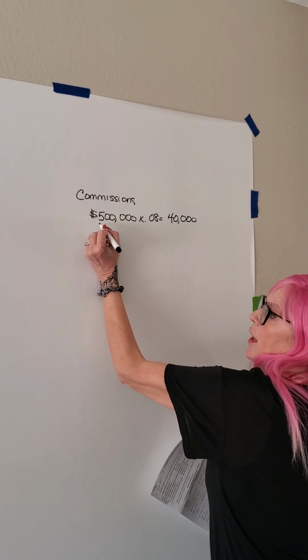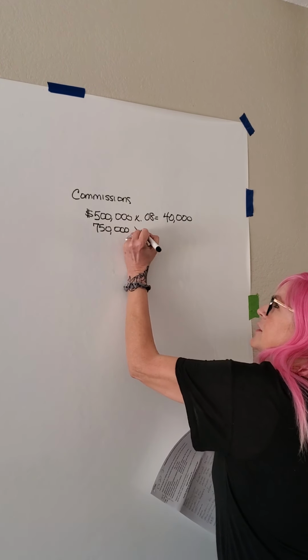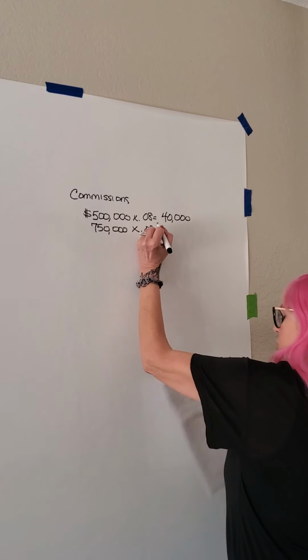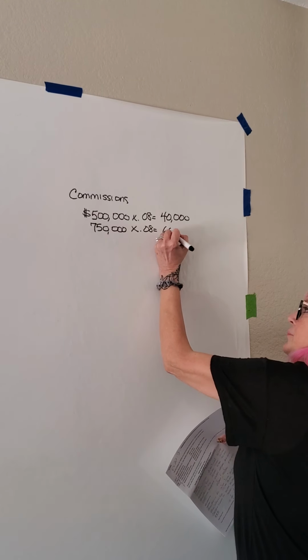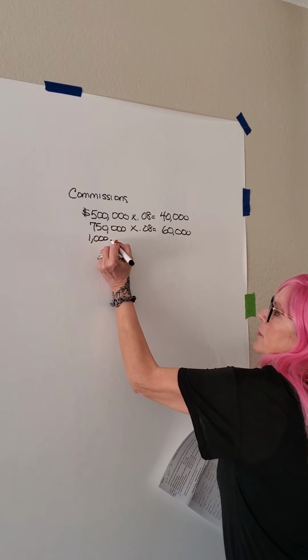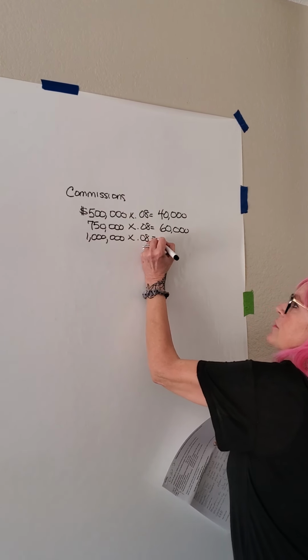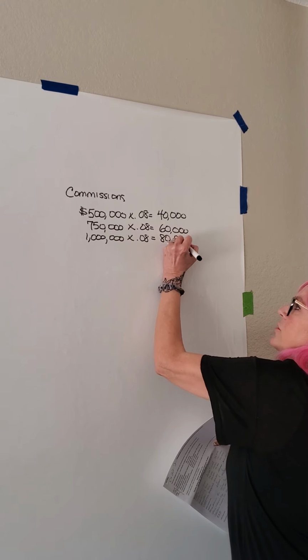If we're looking at the $750,000, sales commissions then will be budgeted to be $60,000. And then if we're looking at sales of $1 million, we would have sales commissions of $80,000.